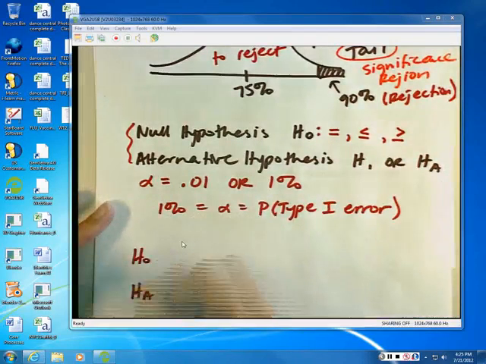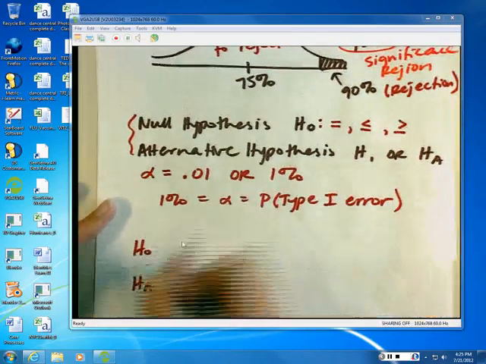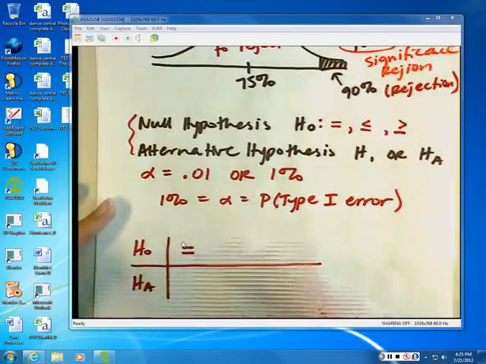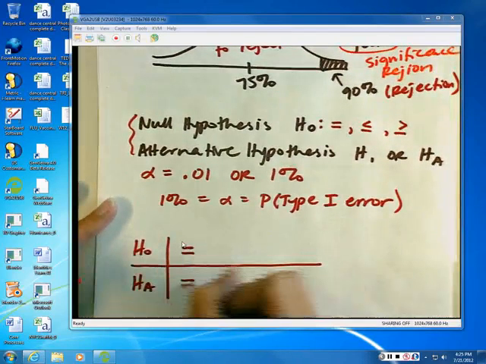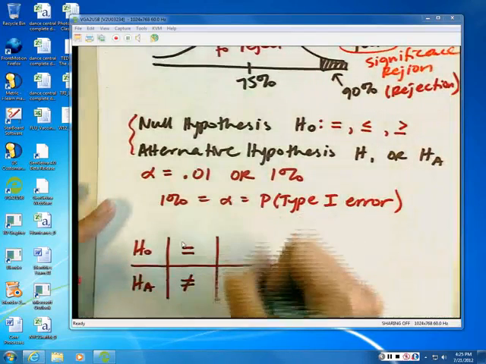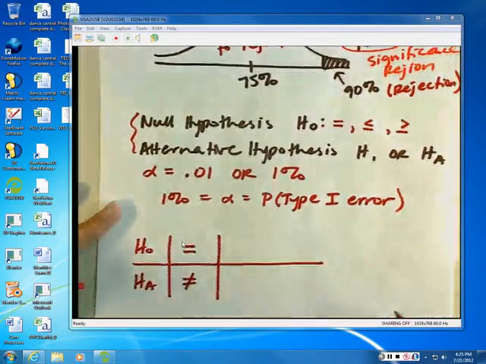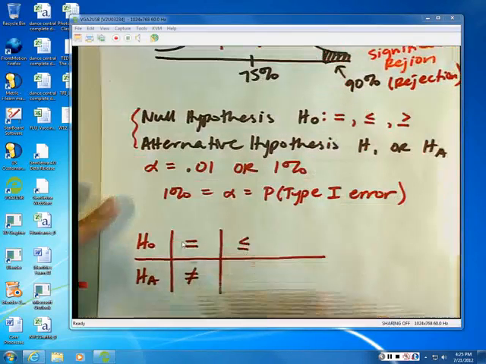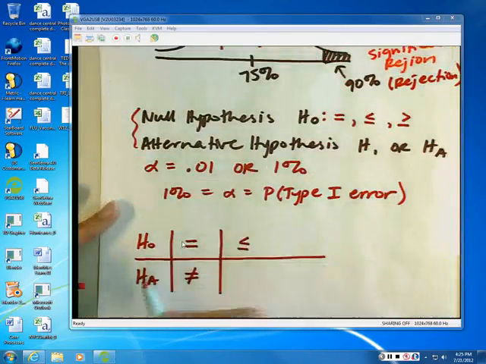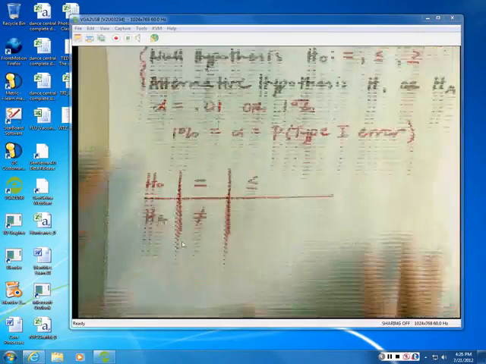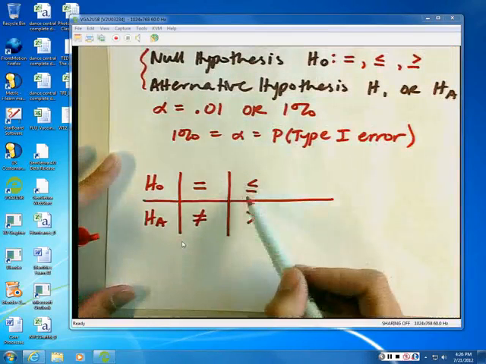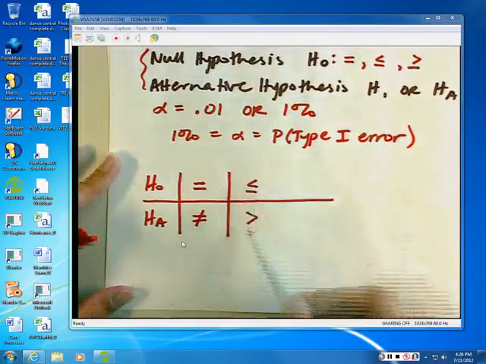Null, alternative. In my null hypothesis, if I use equal, the alternative hypothesis has not equal. If the null hypothesis symbolically uses a less than or equal to sign, notice always the equal sign, then my alternative hypothesis is going to be greater. Because if it's not less than and it's not equal to, then it has to be greater than.